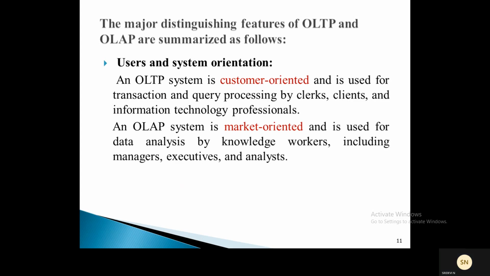Whereas an OLAP system, online analytical processing, is market oriented and is used for data analysis by knowledge workers including managers, executives, and analysts. This is with respect to users and system orientation: OLTP is customer oriented whereas OLAP is market oriented.